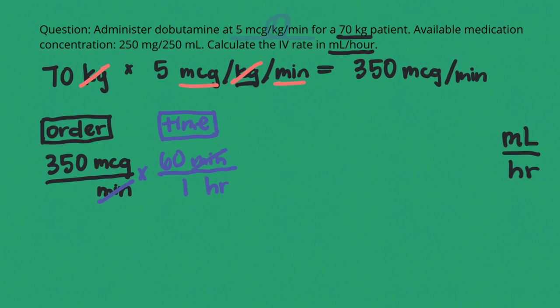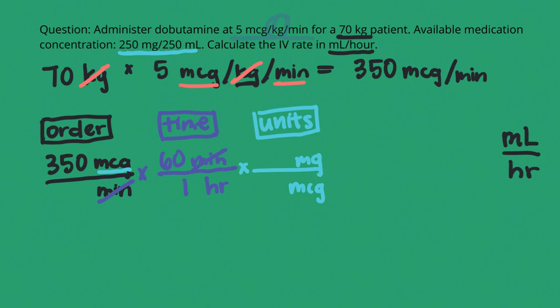Our second step is to look at units. Do we need a unit conversion? Well, let's see here. We have micrograms listed up here in our order, all right? And we are trying to use the IV bag, which is listed up here, and that is milligrams. So we do need to go from micrograms to milligrams.